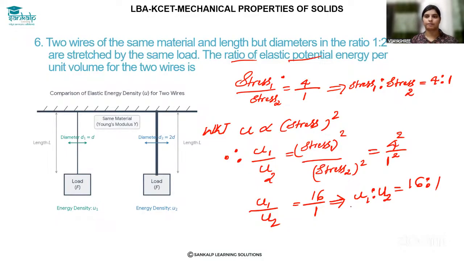Correct? So the right answer here is that the elastic potential energy per unit volume, or energy density, will be in the ratio 16 is to 1. Thank you.